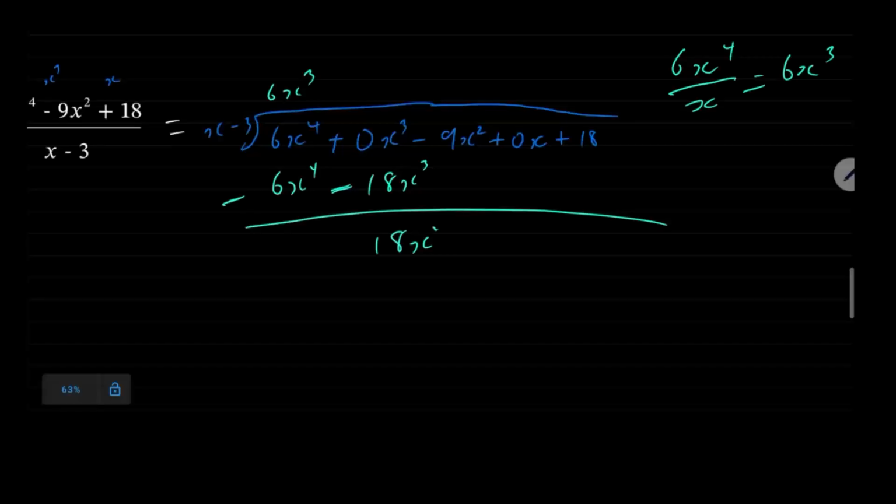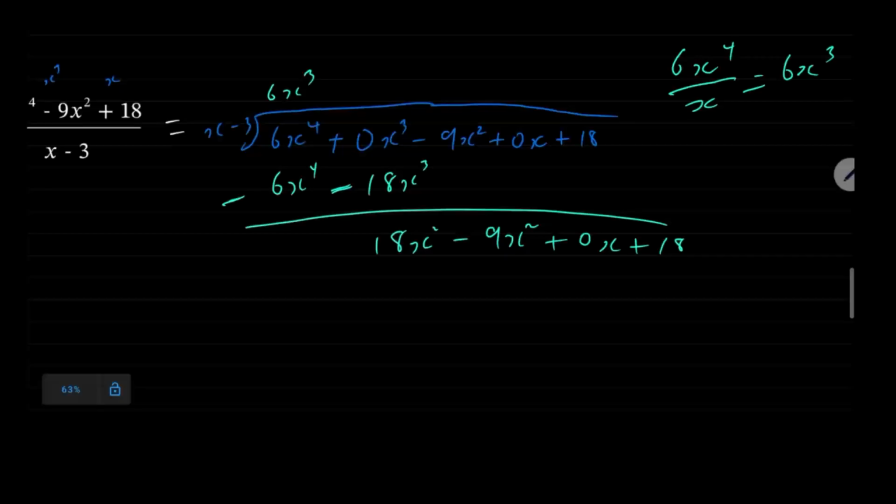They are like terms, you can see they all have the degree of 3. Now we can just repeat the rest of the equation to make it look normal: negative 9x squared plus 0x plus 18.